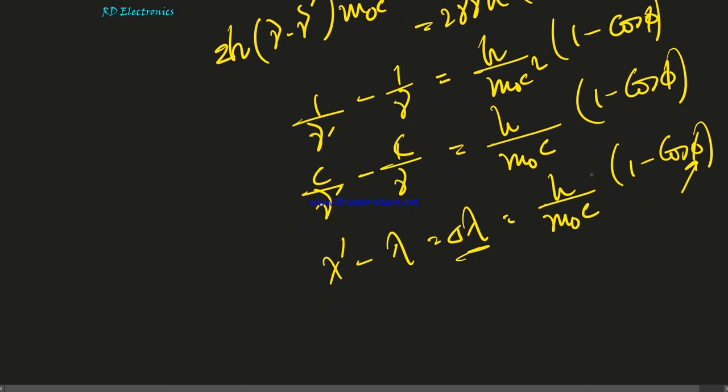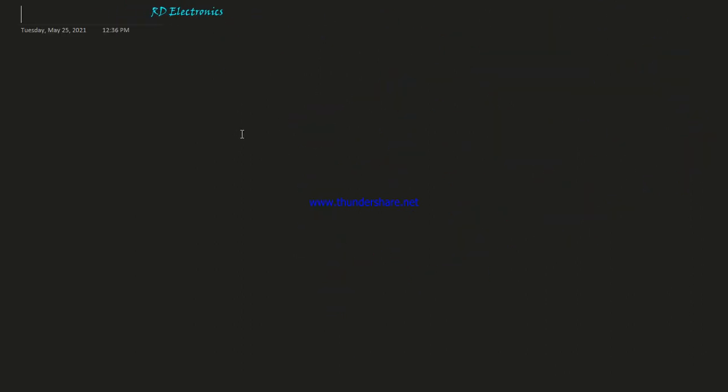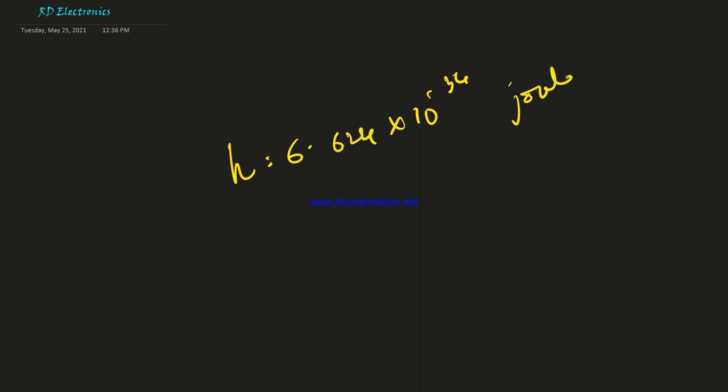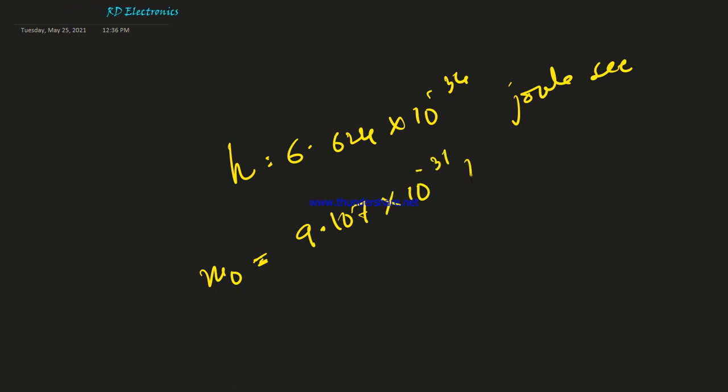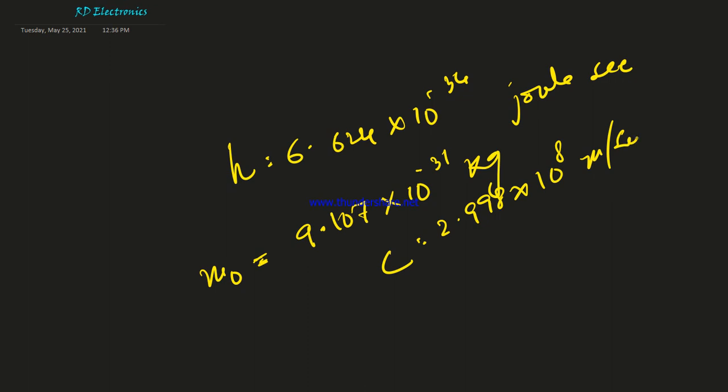Now we define some terms here. h equals the Planck constant, 6.624 into 10 to the power minus 34 joule second, and m0 is the rest mass of the electron, 9.1 into 10 to the power minus 31 kg, and c is the speed of light, 2.998, which is approximately 3 into 10 to the power 8 meter per second.